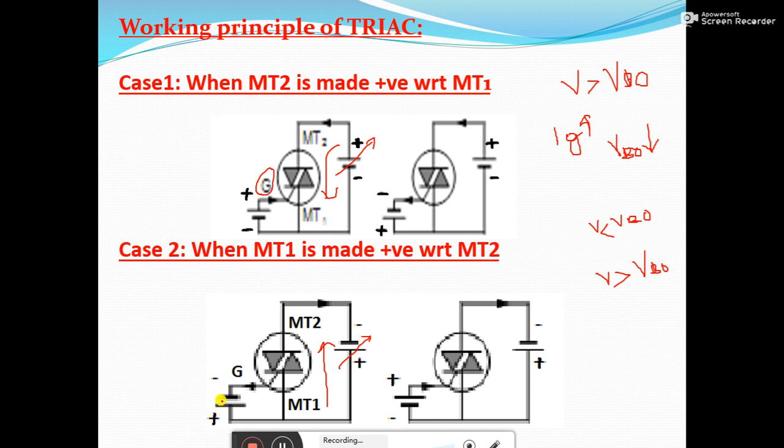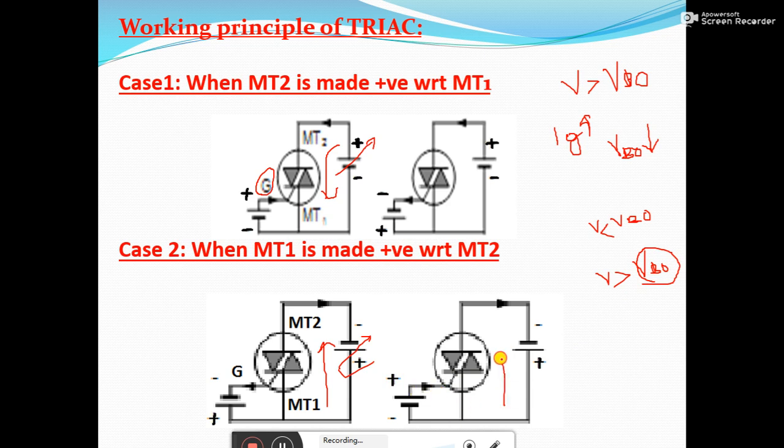So here in this case also, if you provide more and more gate current, here you are providing a negative gate current, this breakover voltage can be reduced, or the breakover can occur at the earlier stage itself. This is the first case. In the second case, the gate is made positive with respect to MT1.